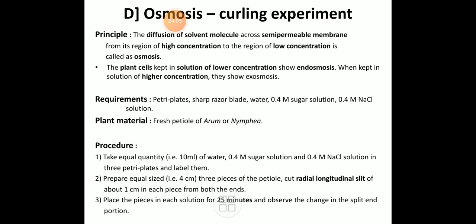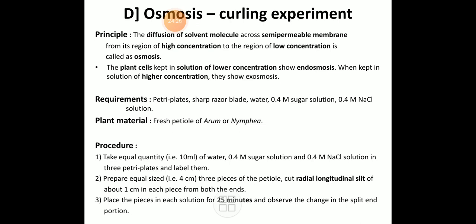Now friends, we have to get an idea about the fourth physiology experiment, a demonstration experiment, that is osmosis. What is osmosis? As in the last theory lectures, we have got an idea that osmosis is a special type of diffusion.